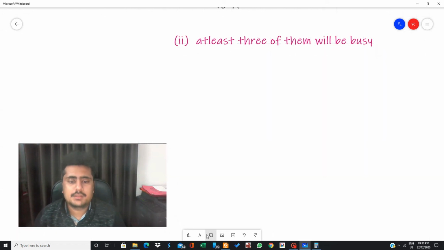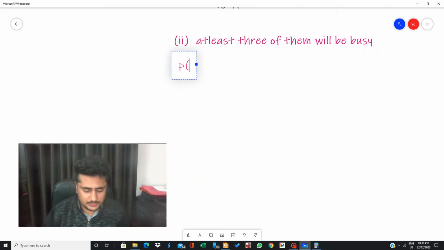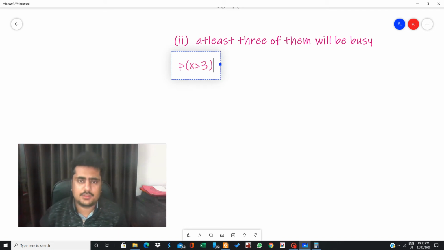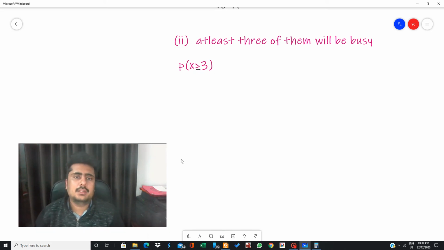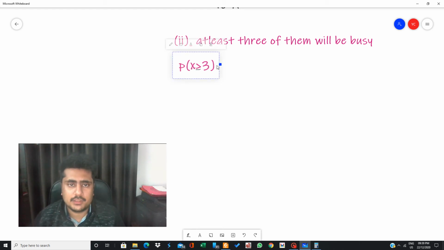Now what is this, 3 of them will be busy? So basically, at least 3 of them will be busy means minimum there should be 3, more than 3 is also fine. So the line will be like this: P of x is more than or equal to 3.